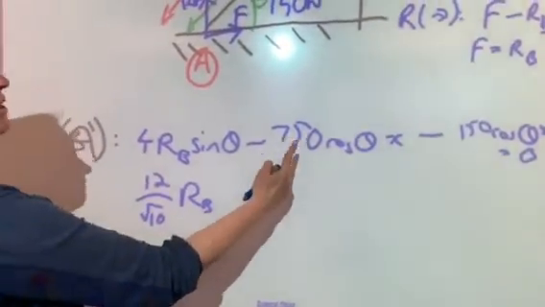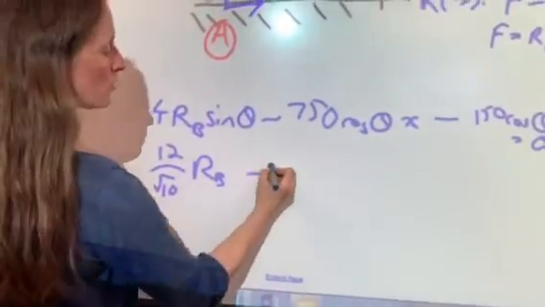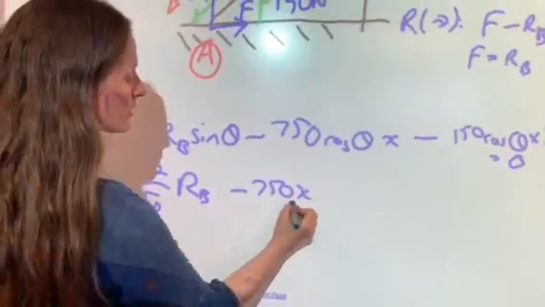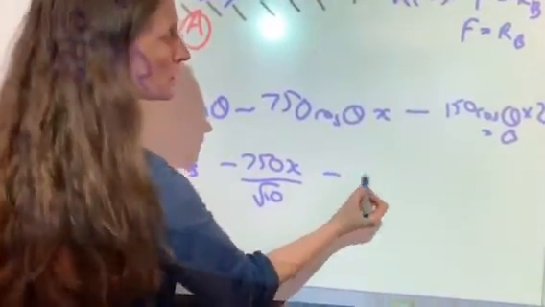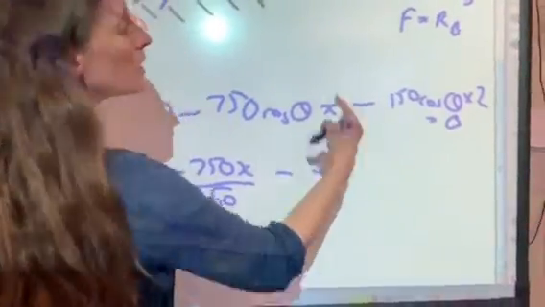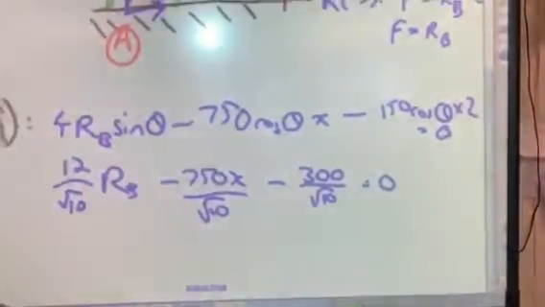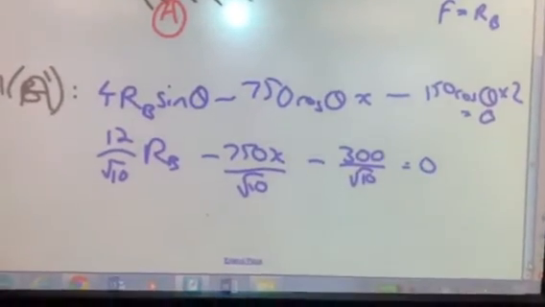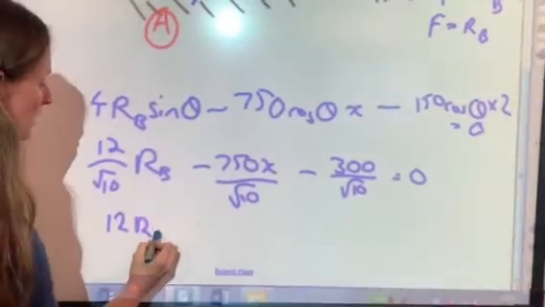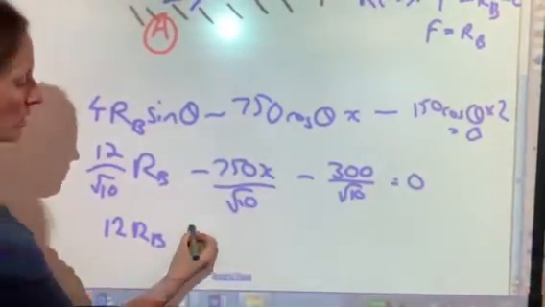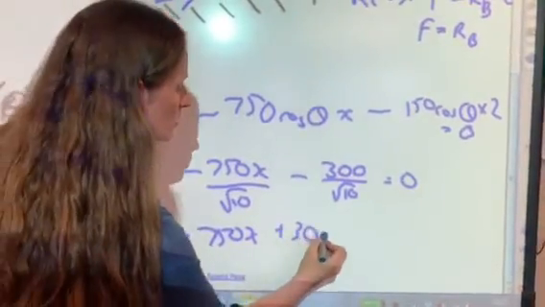Then we've got 750, and cos theta is going to be 1 over root 10, so minus 750x over root 10. Then we've got minus 300 times 1 over root 10. I want to multiply through by root 10 because it's awful. So we then get 12RB, and I'm going to move the other bits to the other side, is equal to 750x plus 300.